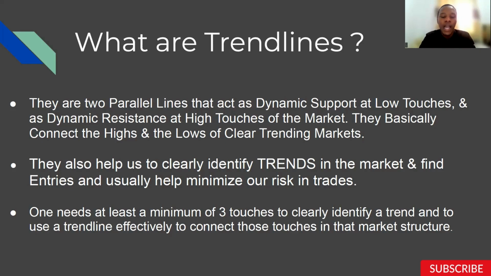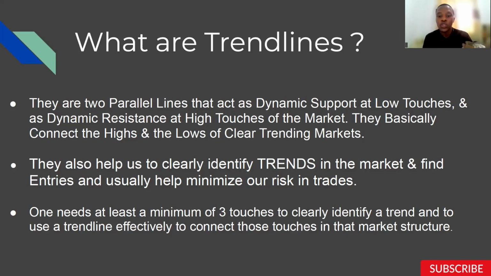What usually happens is that the 4th touch turns out to be the strongest one. If you had 3 touches at the supporting trend line in an uptrend, and the market fails to break the line on the 4th touch, just know that it's going to continue in the direction that it is headed.